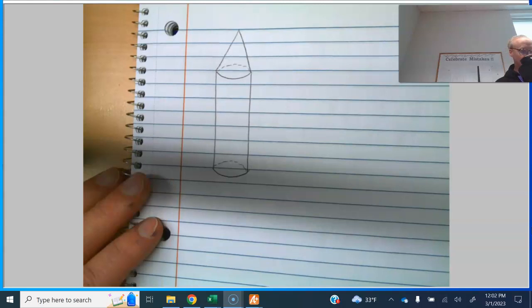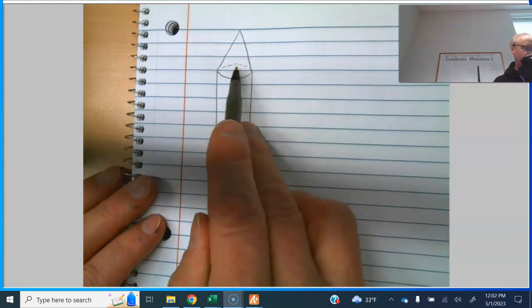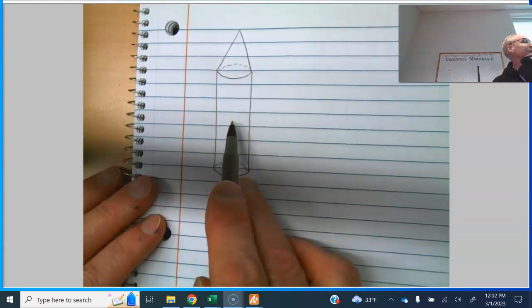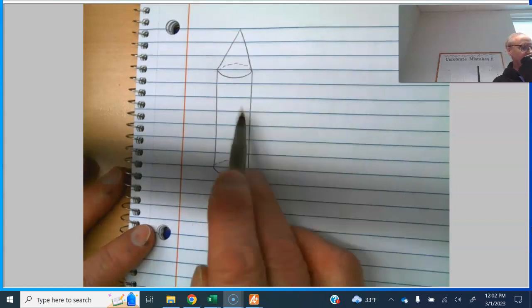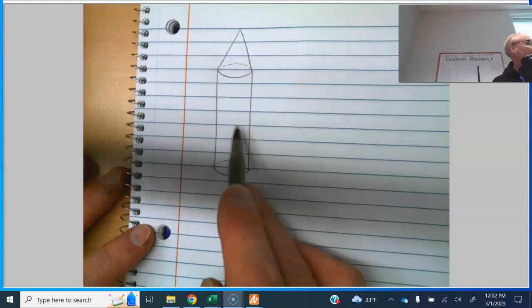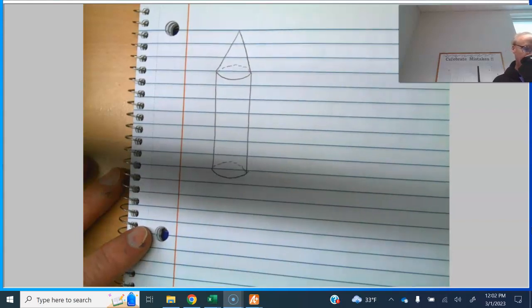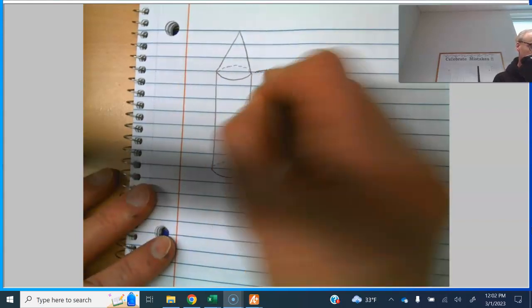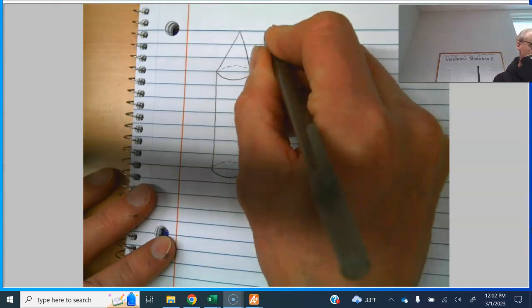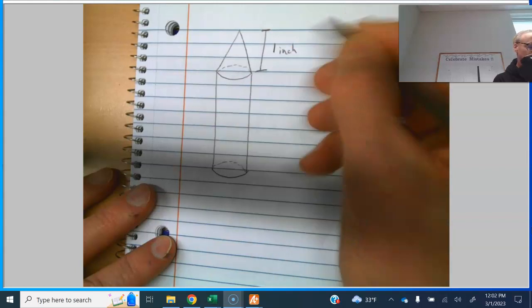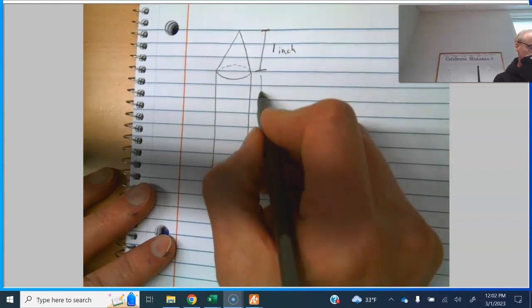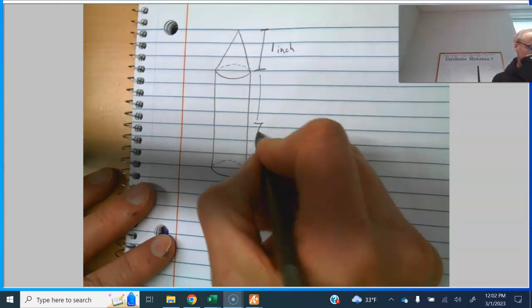So we have a candle, and one way to describe it is as a composite solid where we have a cone on top and a cylinder on the bottom. The cone has a height of just 1 inch, and the candle's height is 7 inches.